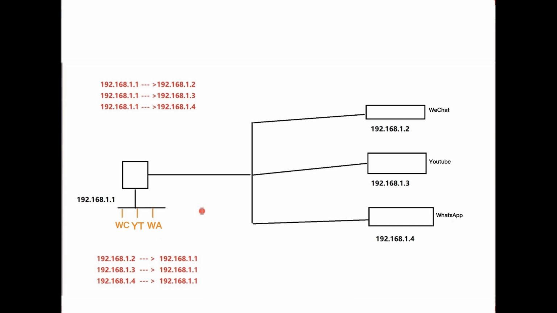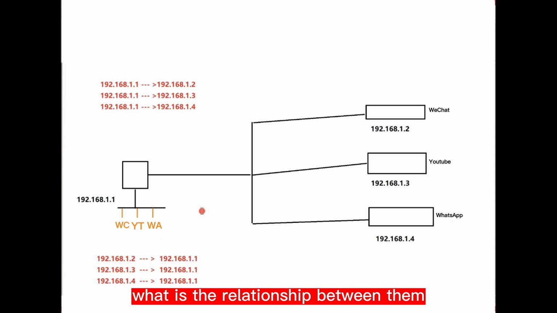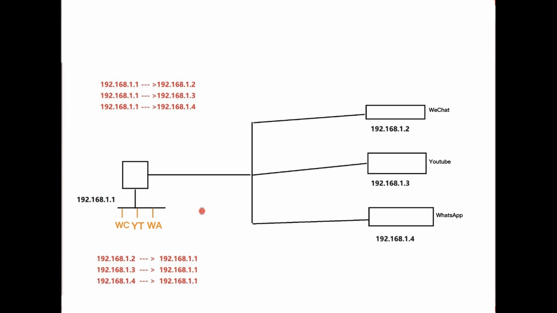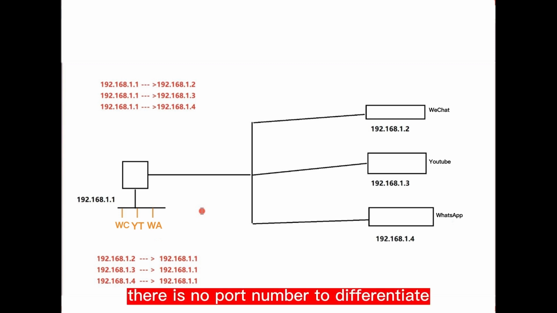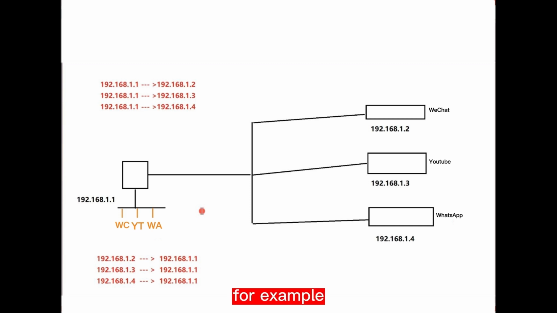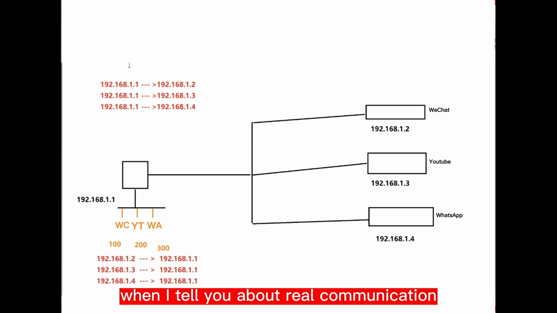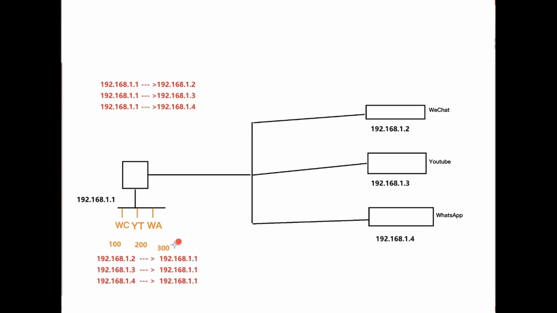Logically speaking, we don't know what the relationship between them is, that is, there is no port number to differentiate. For example, WeChat port is 100 locally. YouTube port is 200 locally. Of course, when I tell you about real communication, these ports cannot be used casually.